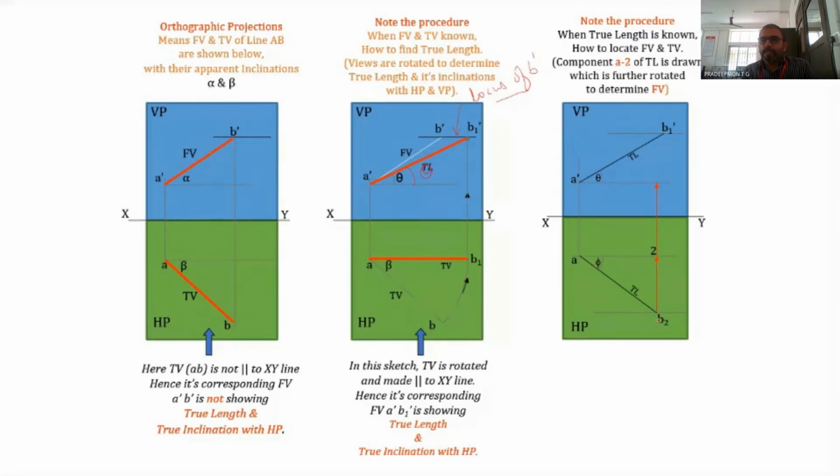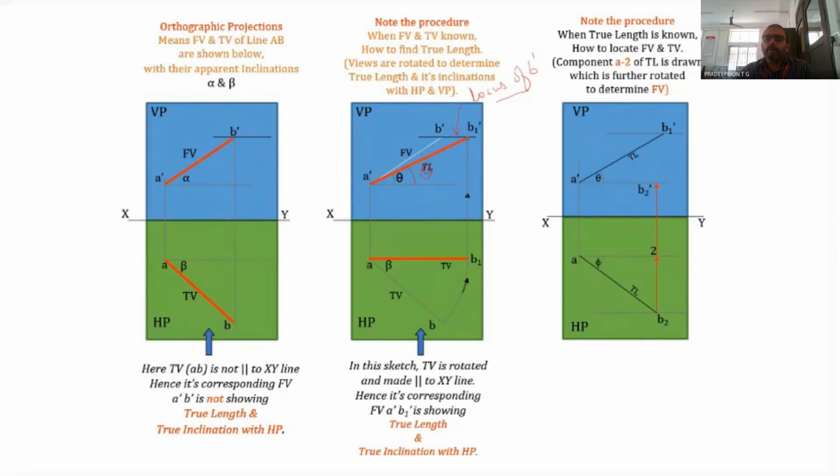So the front view should be parallel to the XY line. That is why we obtain B2 dash here. Now A dash B2 dash is equal to the length of the top view.